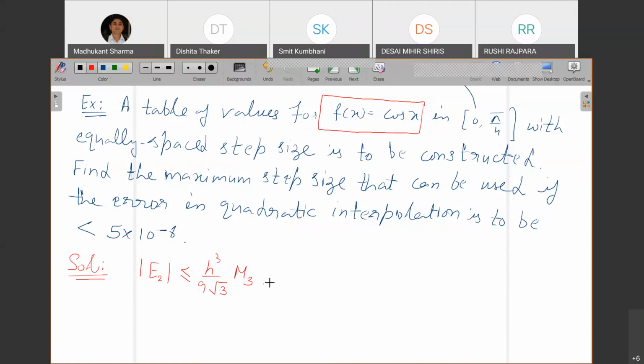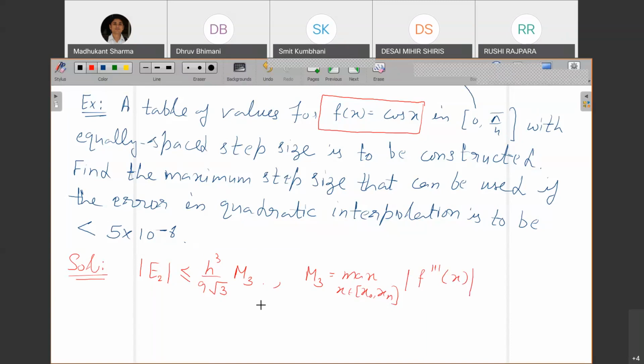When the data are equispaced, this is the error in the interpolating polynomial of degree 2. So mod E2 is less than or equal to this. What was M3? M3 was the maximum over x belongs to x0 to xn, where x0 is the starting point and xn is the ending point, A to B, of mod of f third derivative at x.